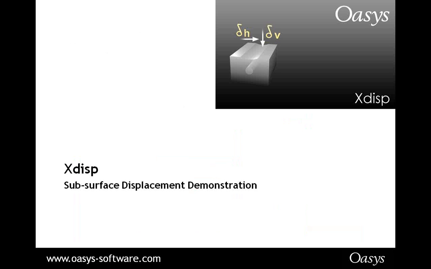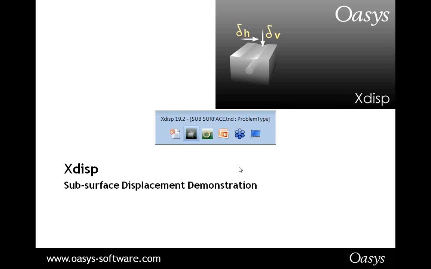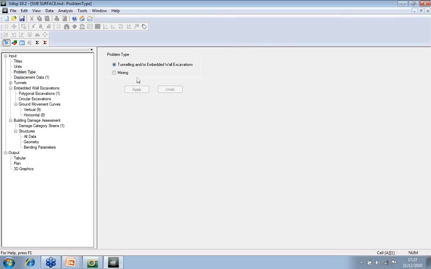The best way to understand ExeDisp is to actually look at how it works, so I'm just going to send you into an example here. Initially you want to tell the program what kind of problem you're analyzing, and we're looking at embedded wall excavations.